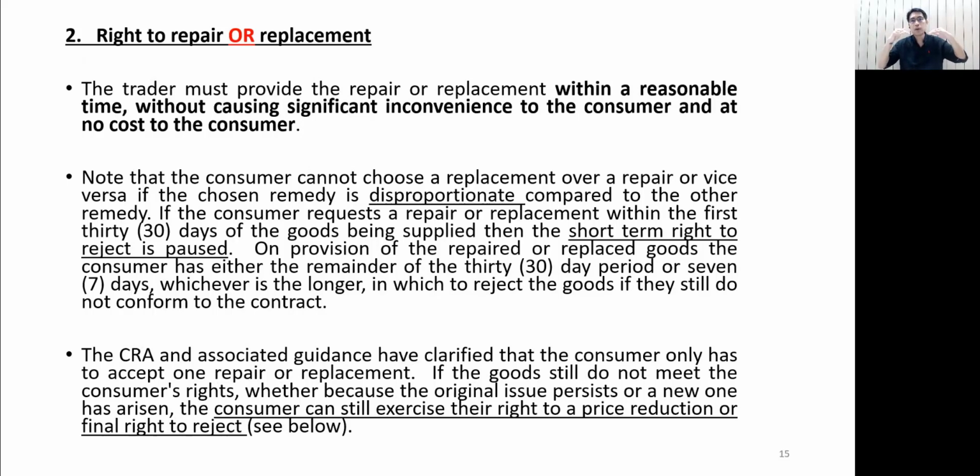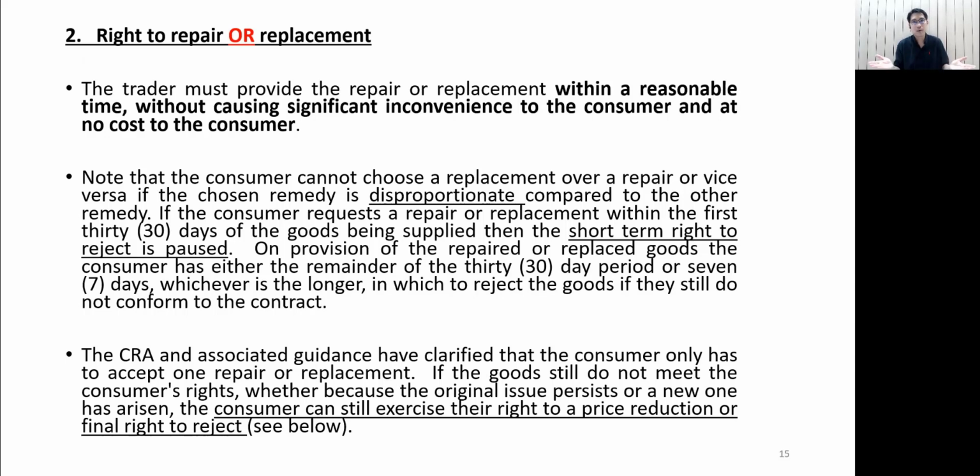Why same level? Because you choose one or the other. Notice the word in red on your screen. It's not one and the other. It's repair or replacement. Now, how do you know which one to choose? I suppose the starting point is whichever one the buyer wants. Sometimes a buyer may want the item to be totally replaced.